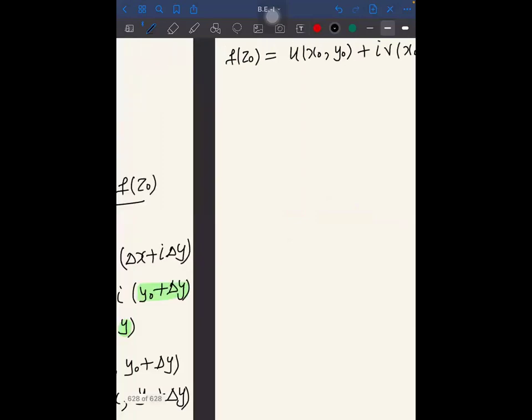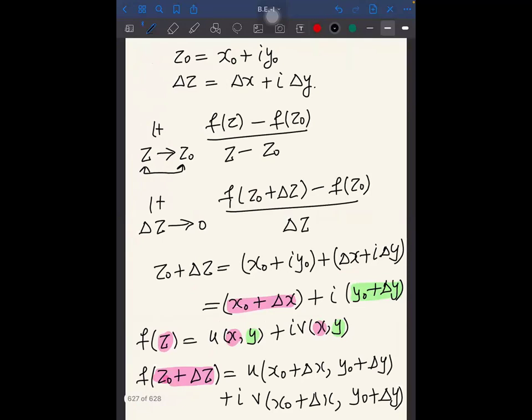Now for differentiability, we want this star to make sense, this limit should exist.